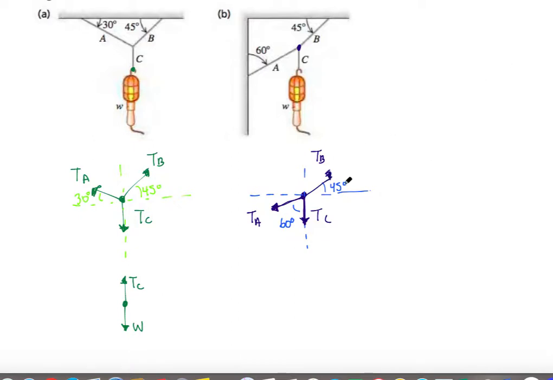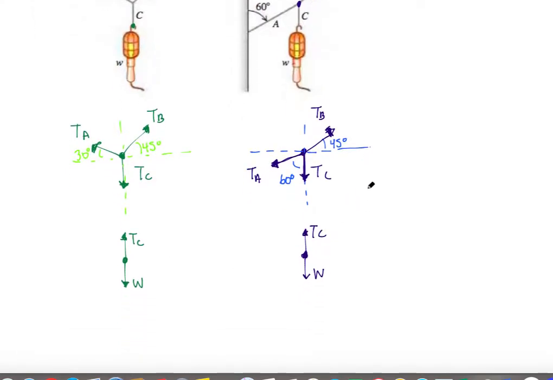What I want to do now is draw the same thing over here. On the right-hand side, we also have weight acting down and tension C acting up, just to make sure we know that tension C is equal to weight. So we'll start with that bit. Sum of forces in the y direction is just tension C minus W equals MAY, which is 0.